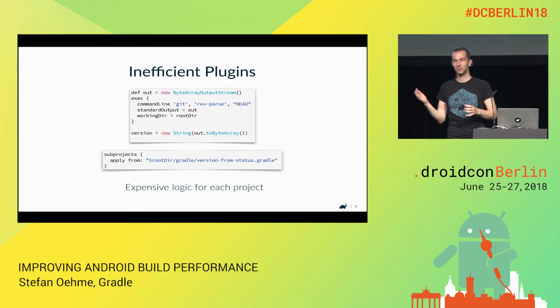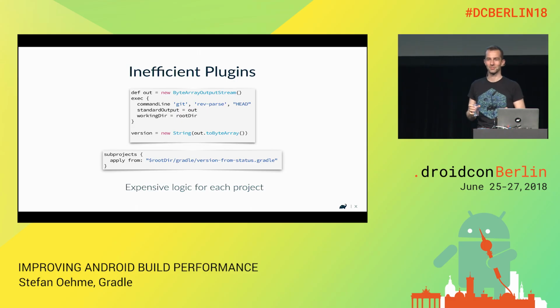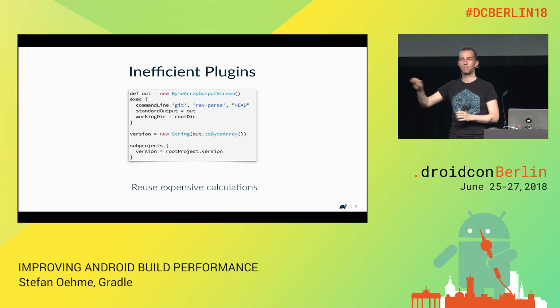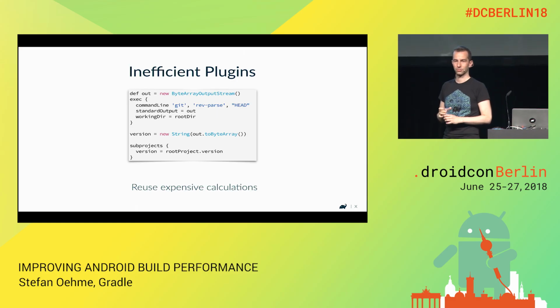What that means is, if you have 100 subprojects, you're going to call git ref parse 100 times. So instead, it's just a small tweak. Do it once, and then push the data into all subprojects. And this applies to any kind of expensive operation that you might want to do, like parsing some XML file, for instance.